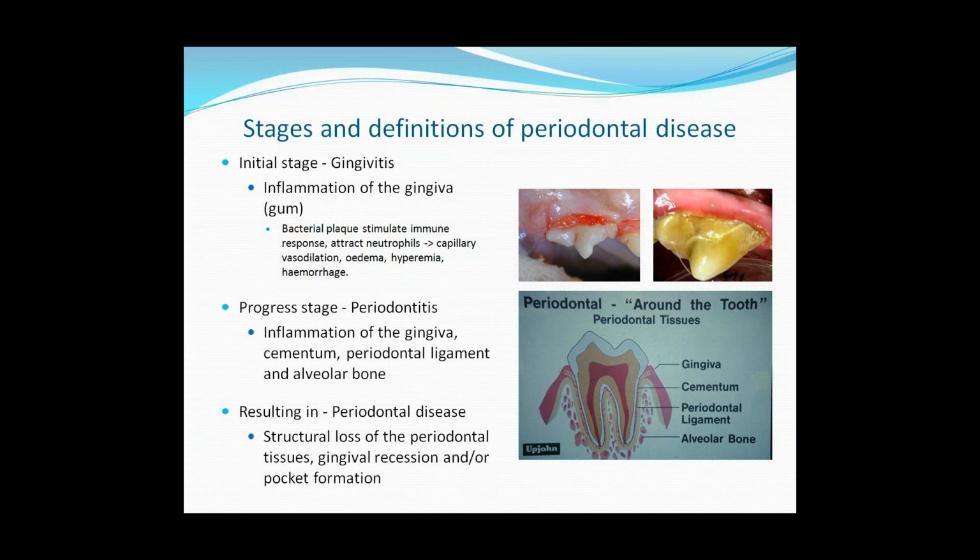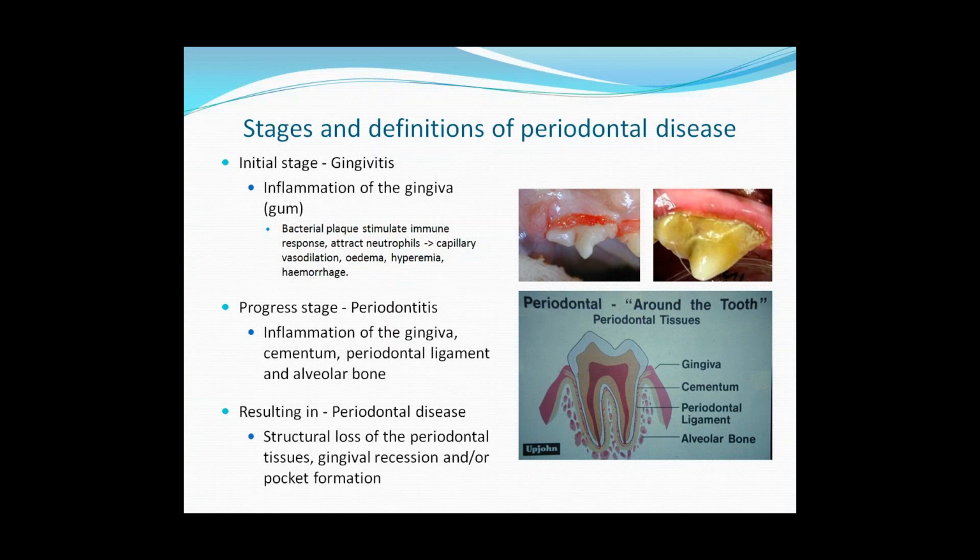And it's stimulated primarily by plaque, as I said, but there's also a host's immune factor in there as well. If this continues, it progresses onto periodontitis, and we can see by the diagram the periodontal tissues include the gingiva, the cementum, the periodontal ligament, and the alveolar bone.